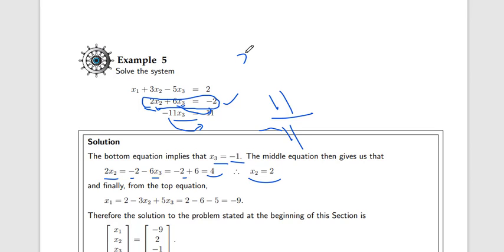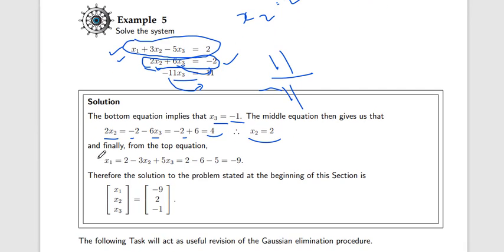So now we know the values of x2 and x3, which are 2 and minus 1. We put these values in equation 1. So in equation 1 there will be only one unknown, x1. So we will get the value of x1. Putting the values in, x1 is equal to minus 9. So the solution is minus 9, 2 and minus 1.